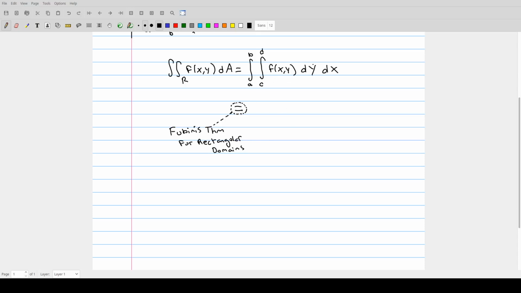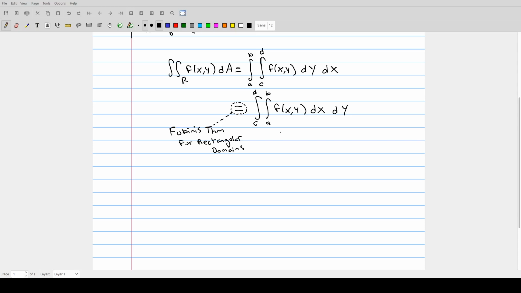We can integrate with respect to y first and then with respect to x, or instead we could consider the double integral of the function f of x, y dx dy, where x is going from A to B and y is going from C to D. So Fubini's theorem for a rectangular domain says that we can always do this.